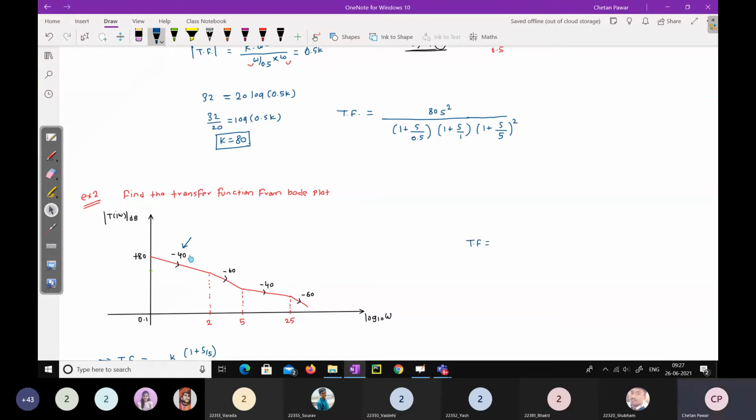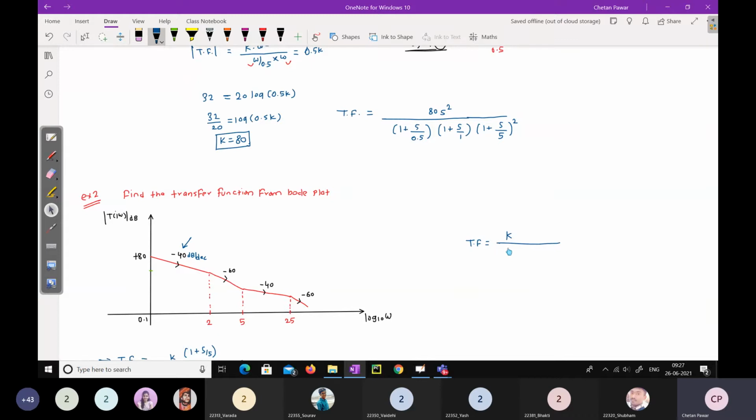The slope is minus 40 dB per decade, so there are 2 poles at the origin, right? I don't know the value of gain k, so I will put that.